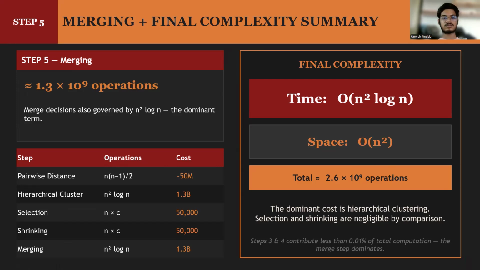For the last step, merging, taking the n square log n time complexity, the cost is 1.3 billion. So this is how we merge the clusters. Steps 3 and 4 contribute less than 0.01 percent of the computation. So the merge step dominates.